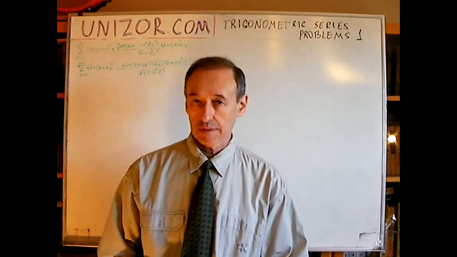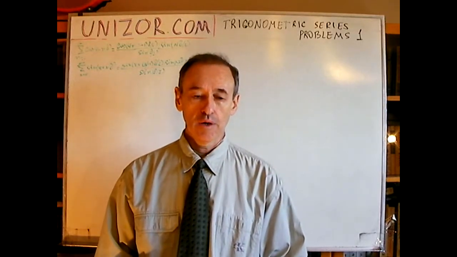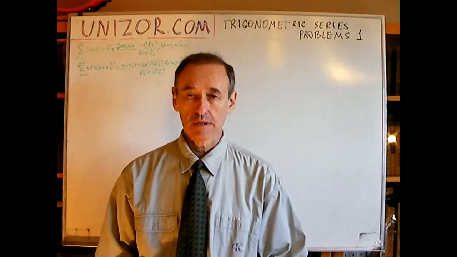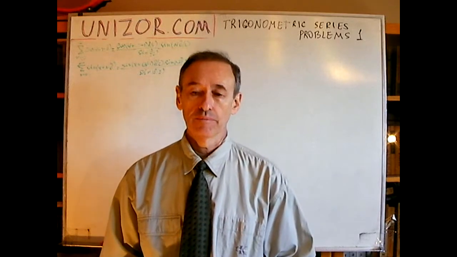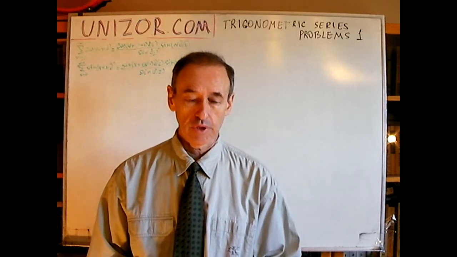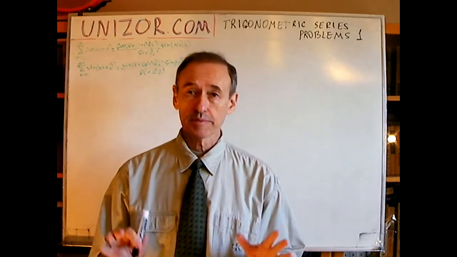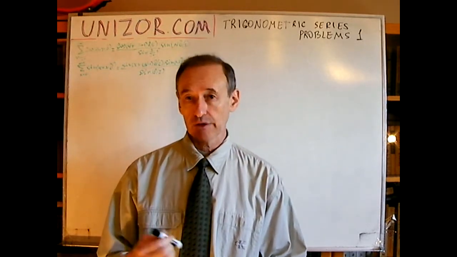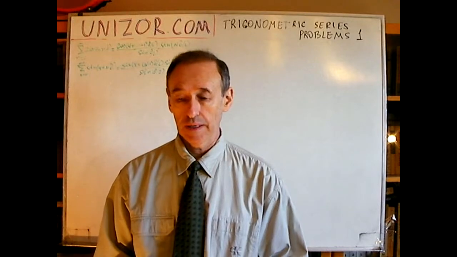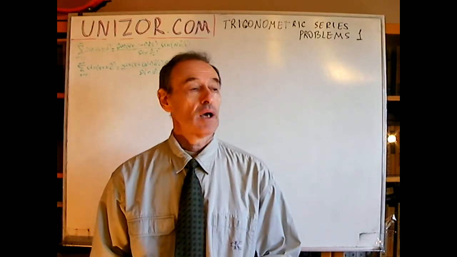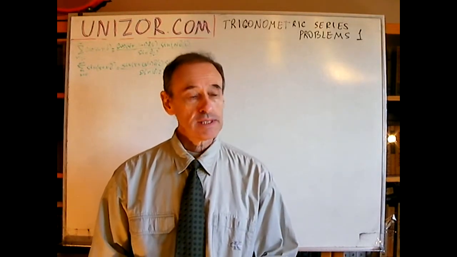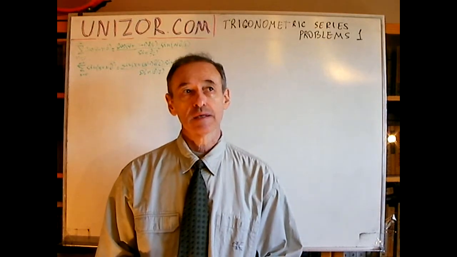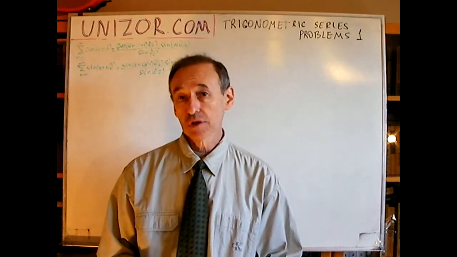I would like to present a couple of problems which I have already discussed in the previous lecture about trigonometric series. Problems are exactly the same. However, I would like to offer an alternative solution. This alternative solution, I would say, is quite artificial.